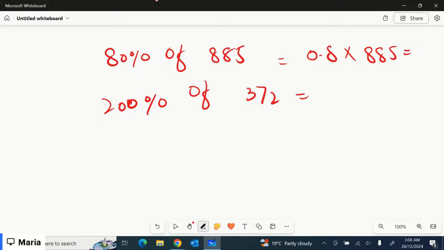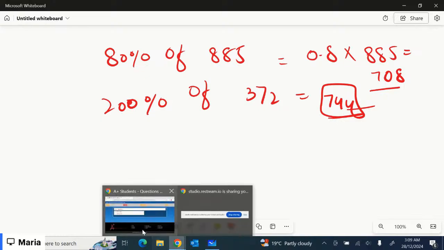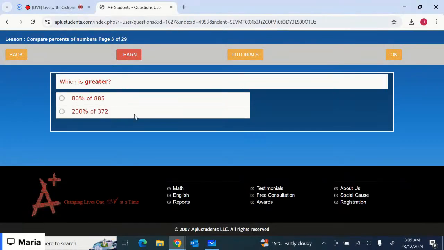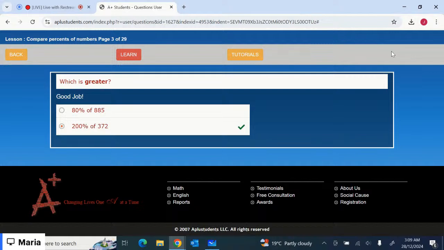That is 708, and 200% of 372 is 744. So which is greater? Obviously 200% of 372 is greater. The correct option is option number 2. 200% of 372 is greater than 80% of 885.